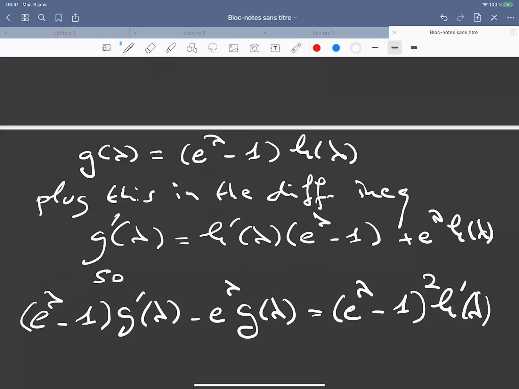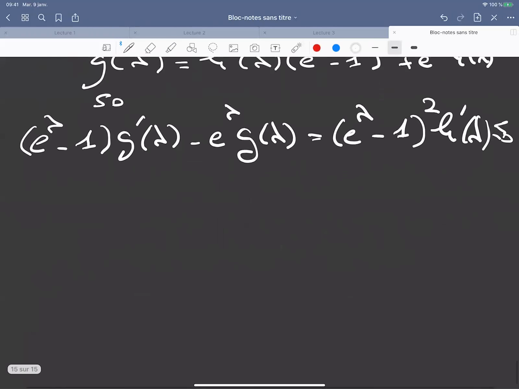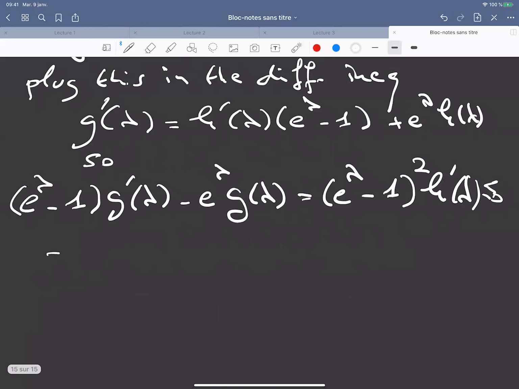And so this quantity here has to be non-positive. So of course, this implies that h prime itself is non-positive.